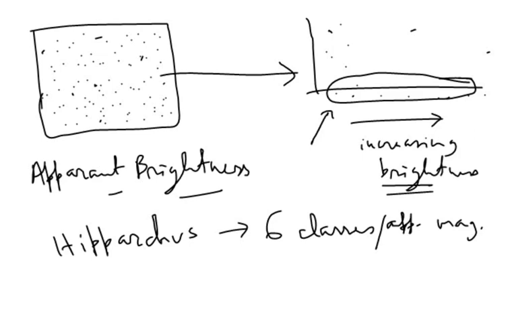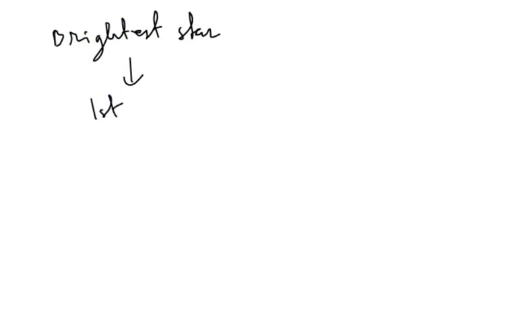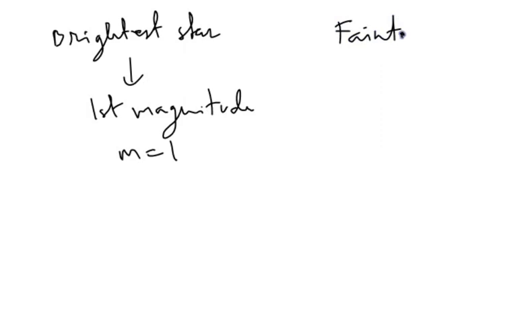Okay, now the brightest stars in this cataloging were assigned the first magnitude, or m is equal to 1, and the faintest stars were assigned the 6th magnitude.